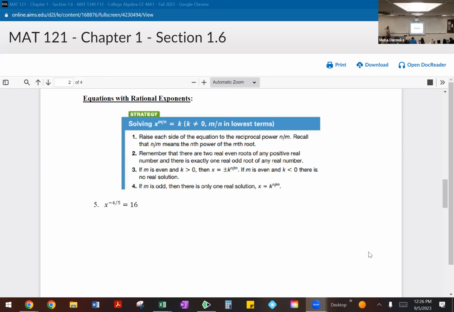So start by taking the reciprocal of your power, n divided by m.